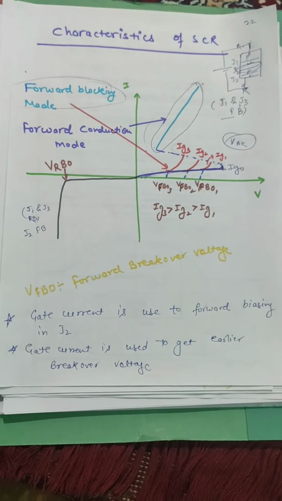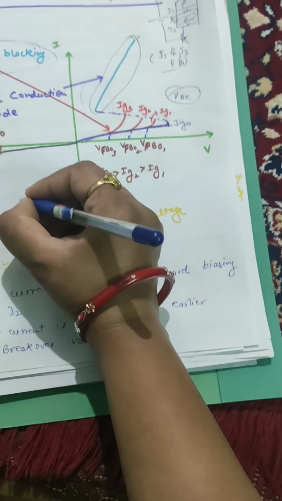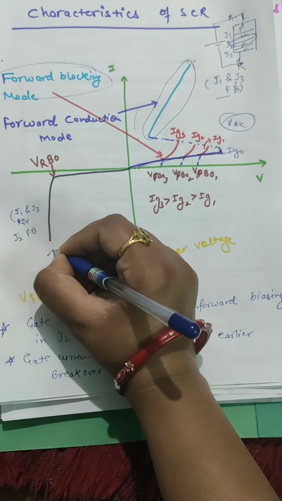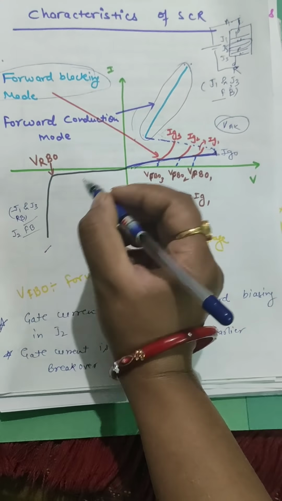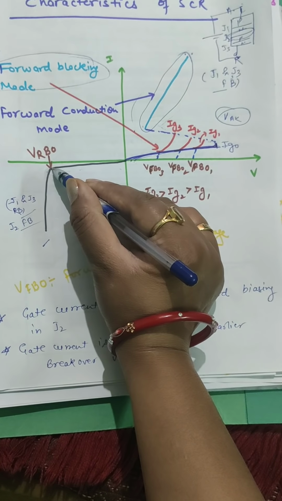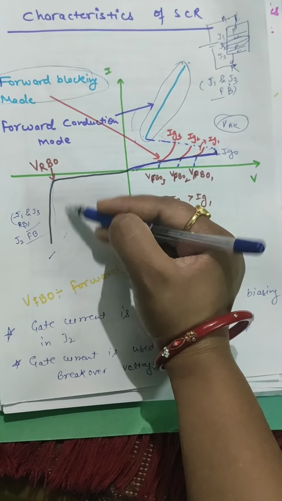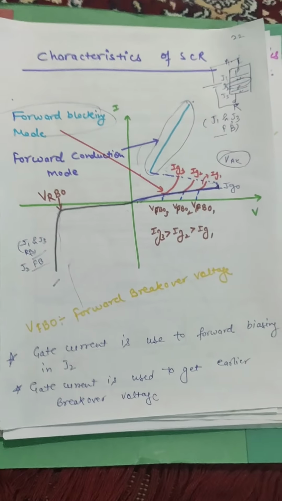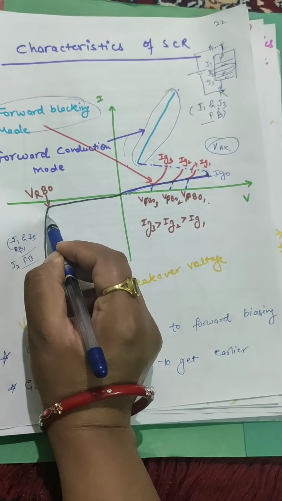Now for the reverse side, when anode to cathode is reversed, J1 and J3 are in reverse bias and J2 is in forward bias. Some leakage current will flow. After a reverse breakdown, sudden negative current will flow. So this is called forward breakdown and this is called reverse breakdown.